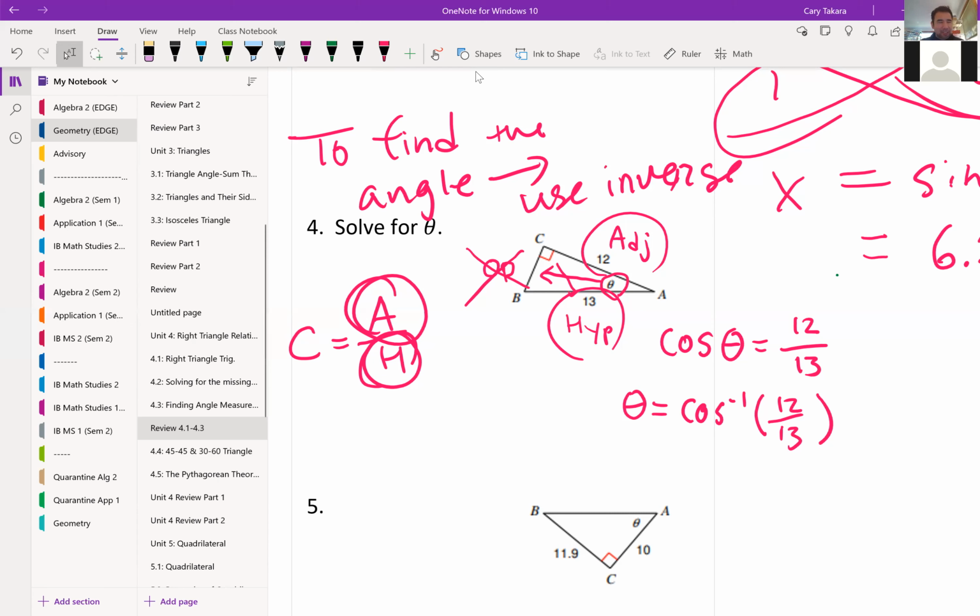You just take inverse. So let's do the inverse. Inverse cosine of 12 divided by 13. I see 22.6. Very good. In this case, it's a degree.